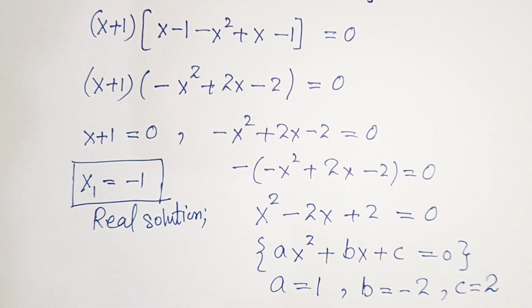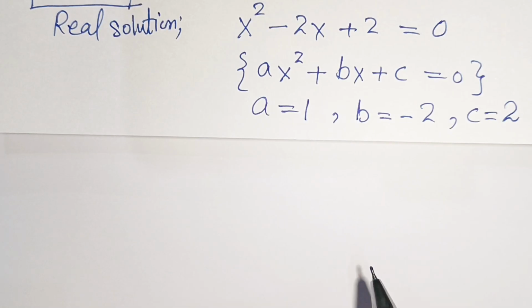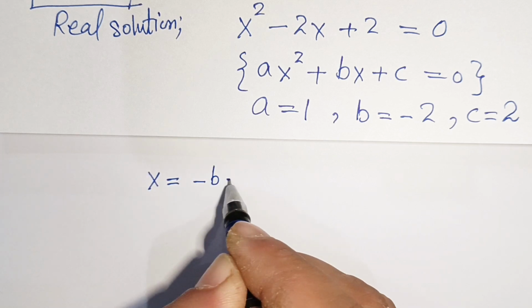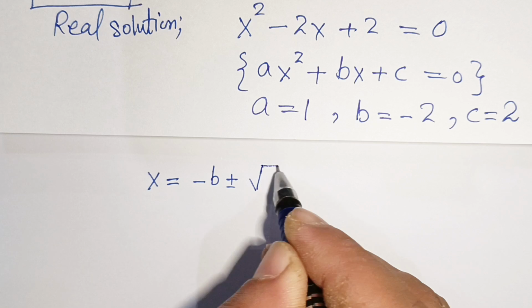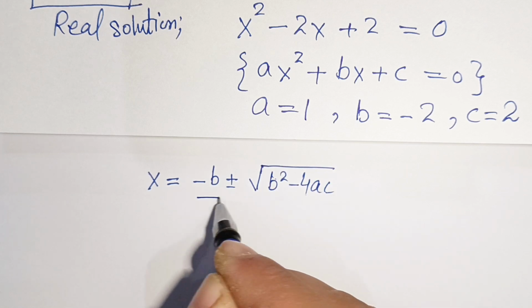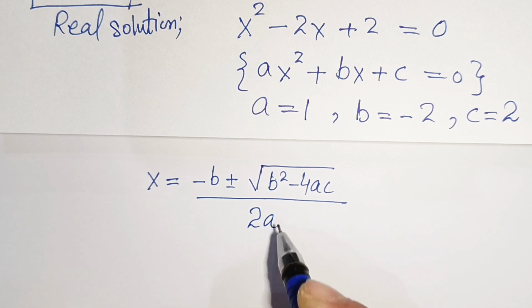Now using the quadratic formula with respect to x, according to the quadratic formula, x is equal to minus b plus minus square root of b squared minus 4 times a times c, all over 2 times a.